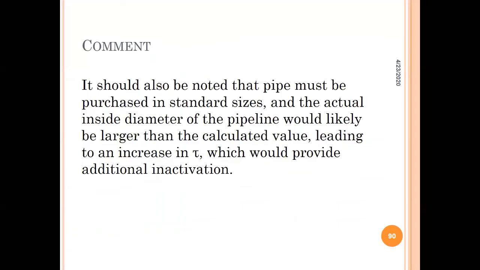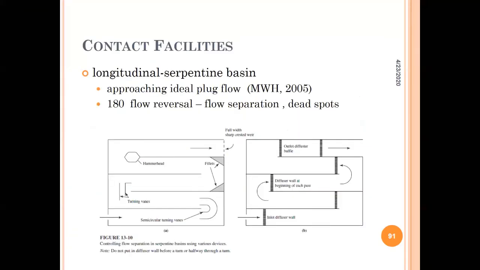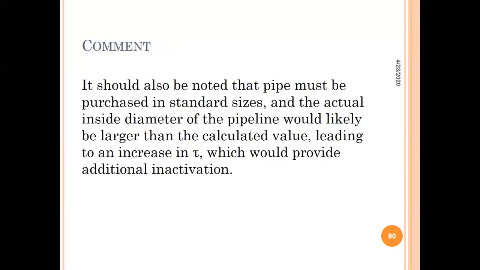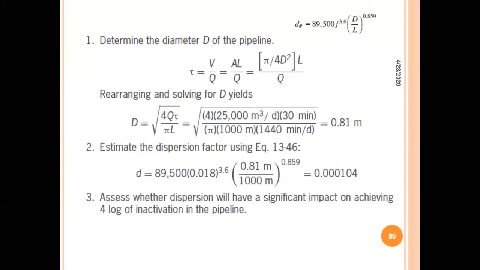You can see this slide, right? Excuse me, sir, can you see this slide? Yes, sir, I can see. Sir, I wanted to know in the problem that 1440, sir, from where did you take that? This one? Yes, sir.